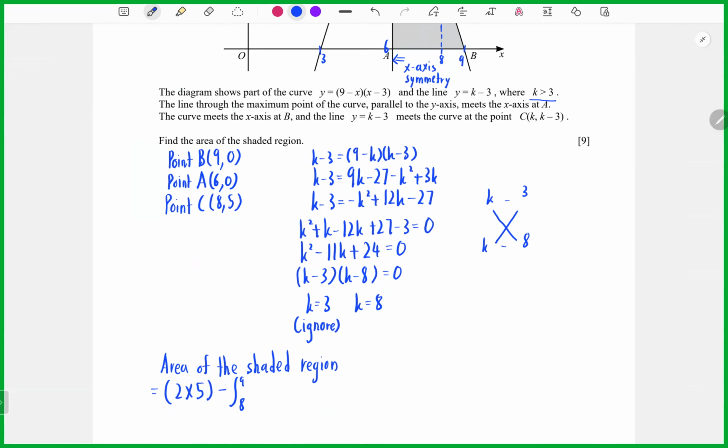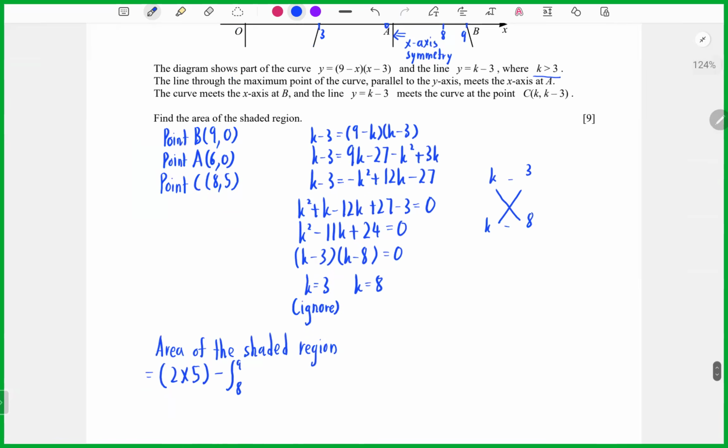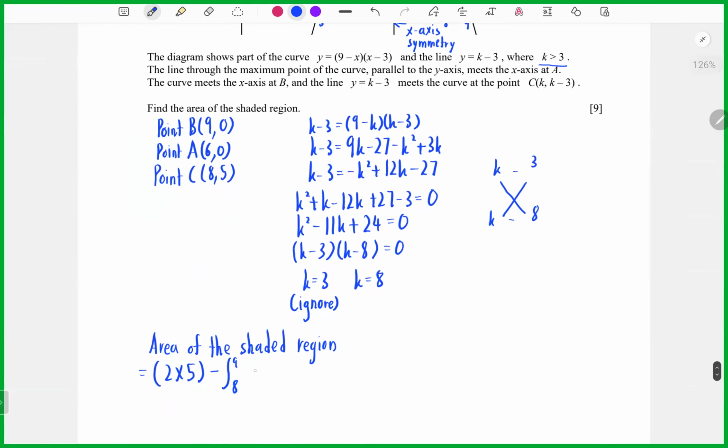I don't need to expand. So I write negative x squared plus 12x minus 27 dx.